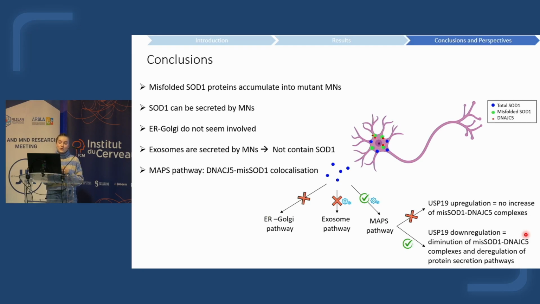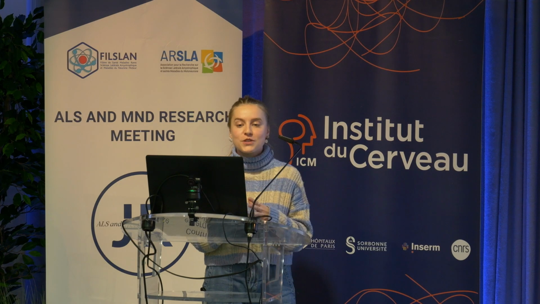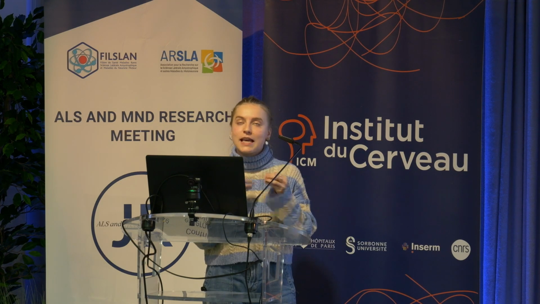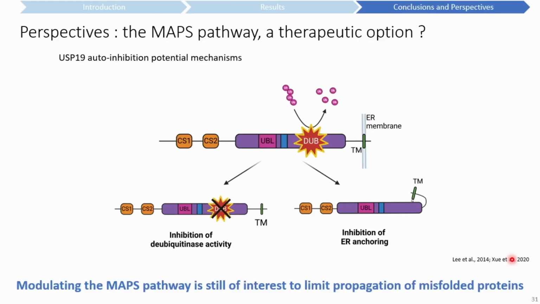However, as I showed you, there's a deregulation of the protein secretion pathway that could really be toxic in the end for motor neurons, also because it's very important at the synapse level. That's why, in the perspective of this project, we still want to see the MAPS pathway as a therapeutic option, because USP19 can autoinhibit either its ubiquitinase activity or its anchoring at the ER.